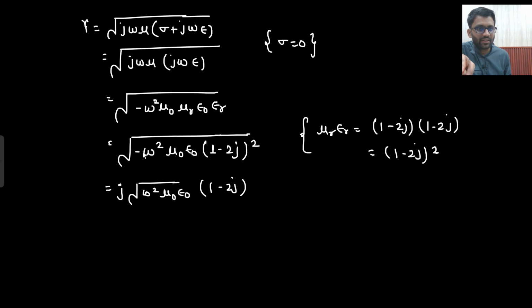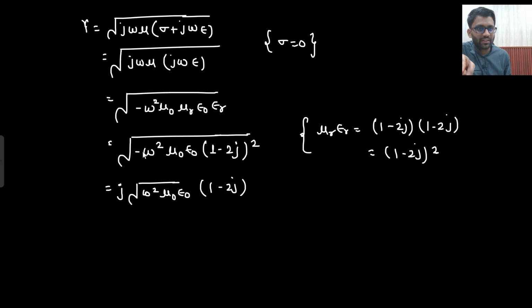Now what are they saying? The complete part is transmitted. That means 10 volt per meter was coming from here, so at this boundary also there will be 10 volt per meter. Now this 10 volt per meter will be decayed because of this alpha.